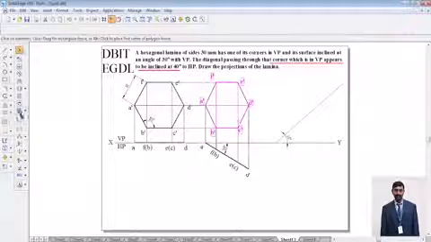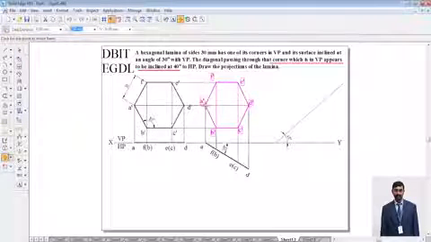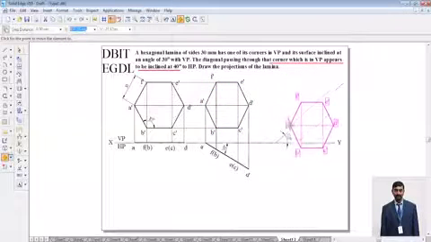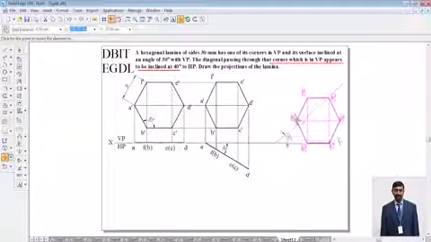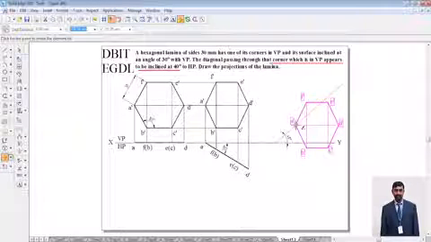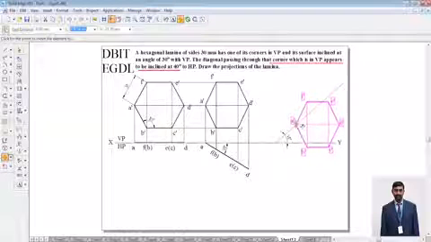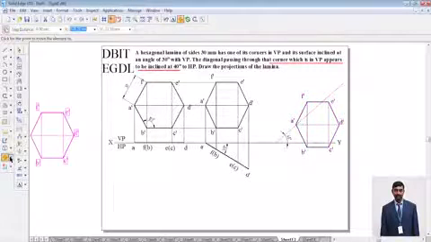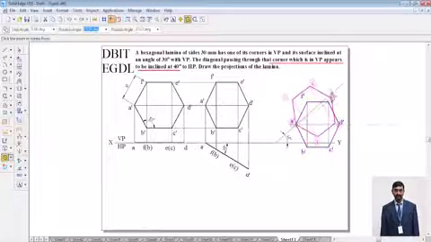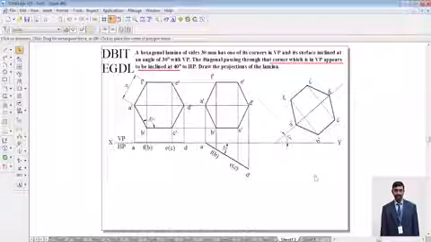With respect to corners A and D, we are going to move it. Place A and D on the 40 degree line. We should be careful that no corner comes below the XY line. So I'm going to place this, and directly come to rotate. So A and D are on the line.